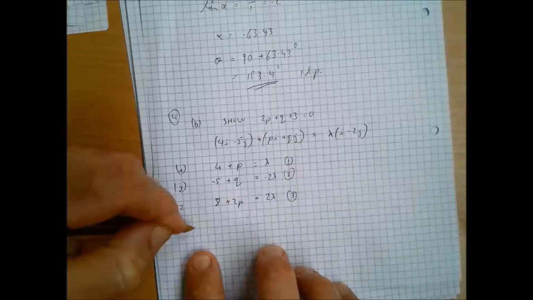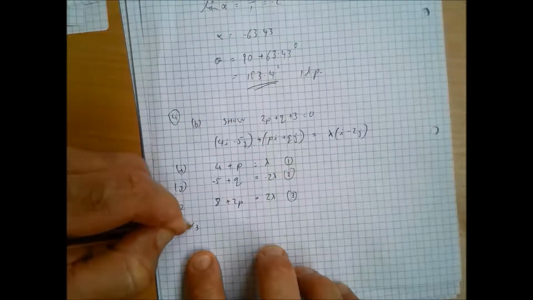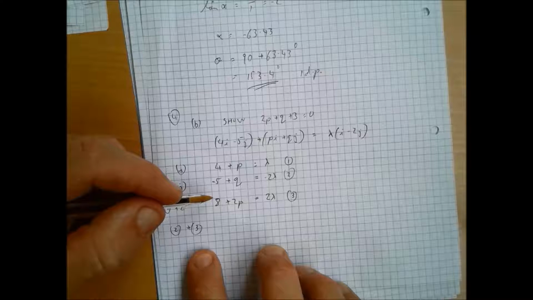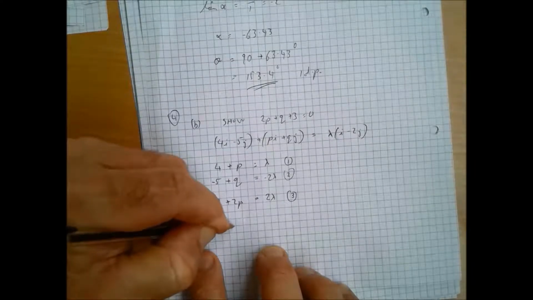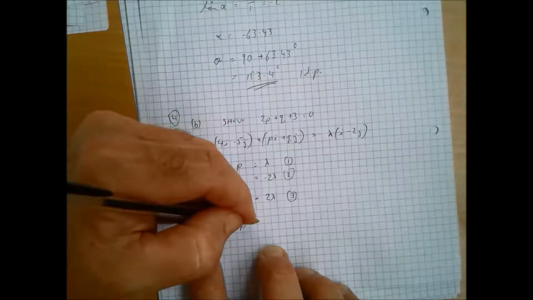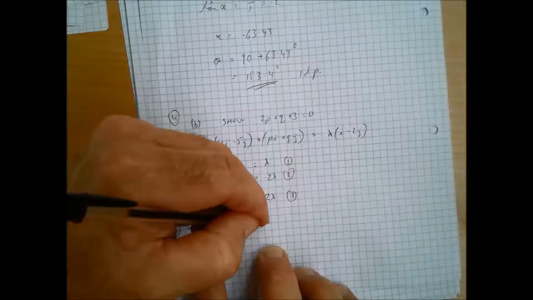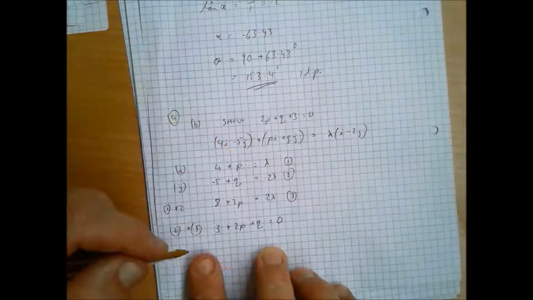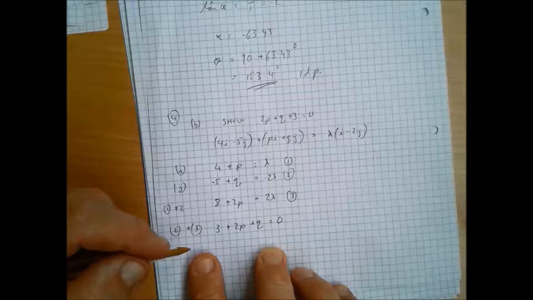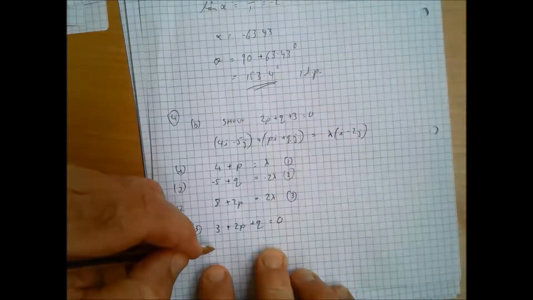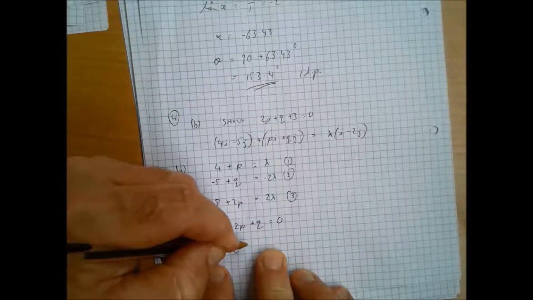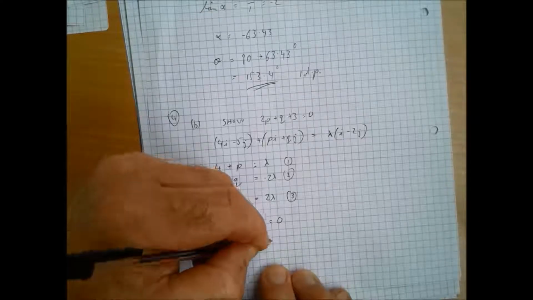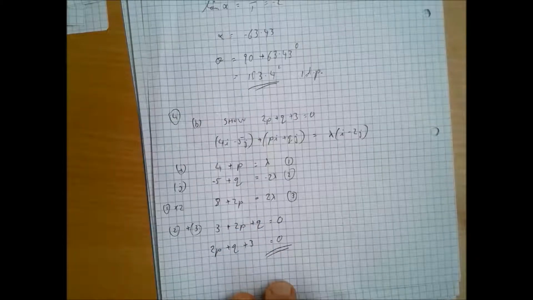Equation 2 plus equation 3 gives me 3 plus 2p plus q, and that equals 0. And I can rearrange that now to have 2p plus q plus 3 equals 0, which is where I want to be.